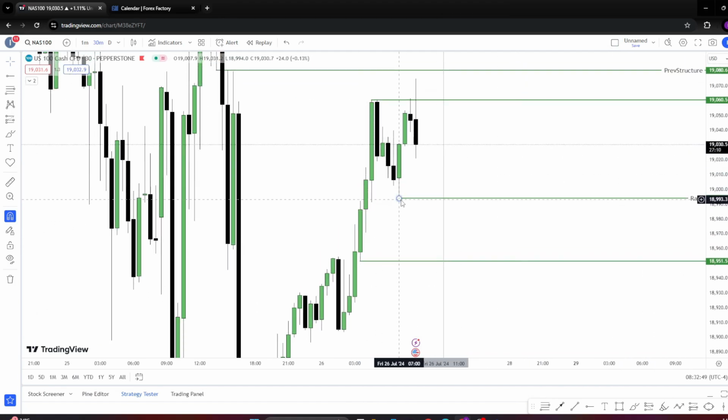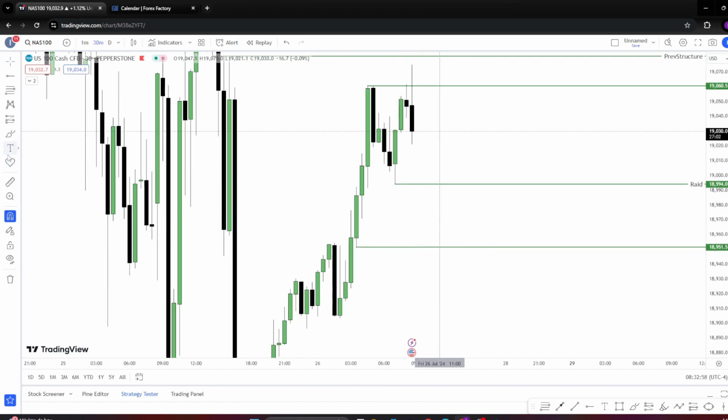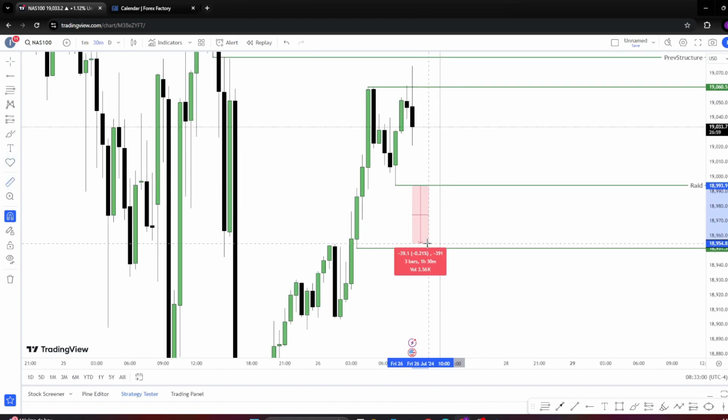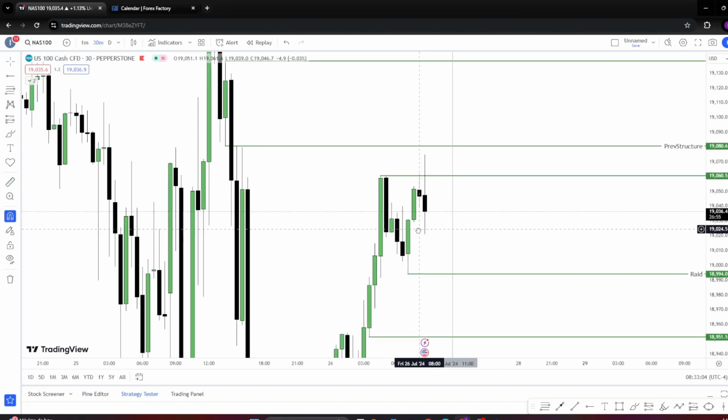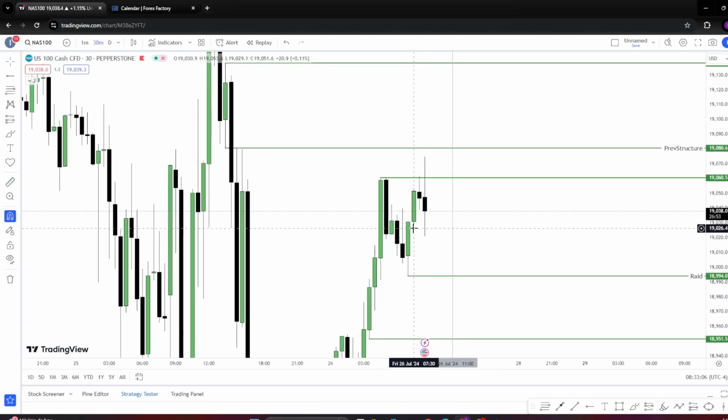So this could be a trade that sets up maybe in the next 30 minutes or so. If this candle does follow through and we do start breaking below this low, then I would be looking to short below this low into this level right here. But as I said, nothing is decided, and we're going to need to keep on waiting.